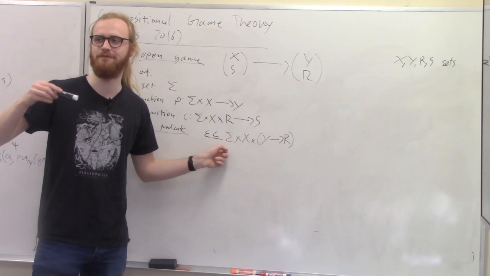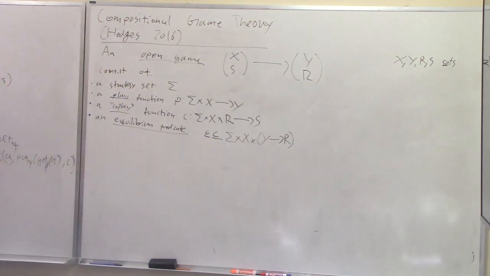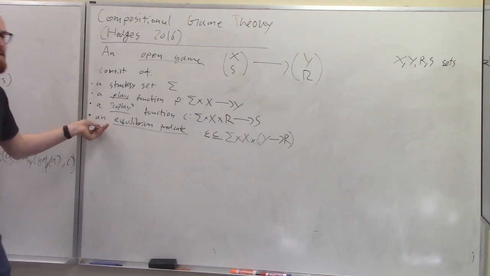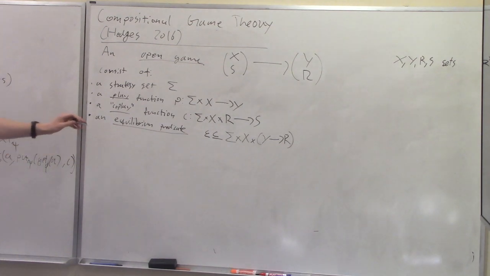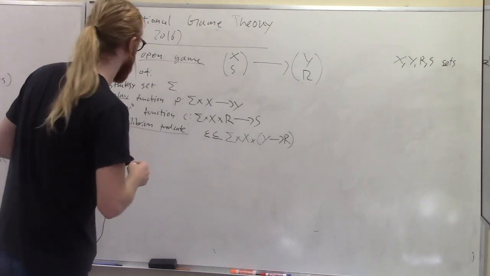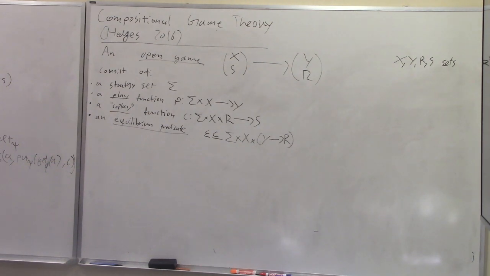They're choices that you want to make, one of those choices and not another choice. As I said, this is not exactly the definition in the original paper, but this is simpler and good enough for game theory. So this is the definition of open game.